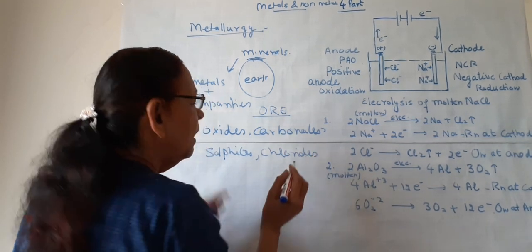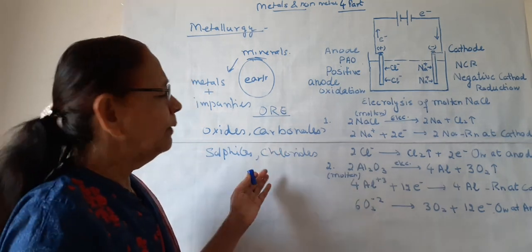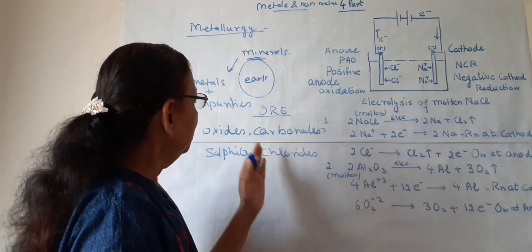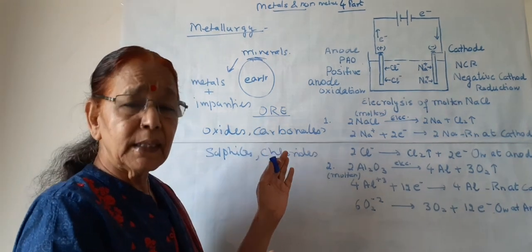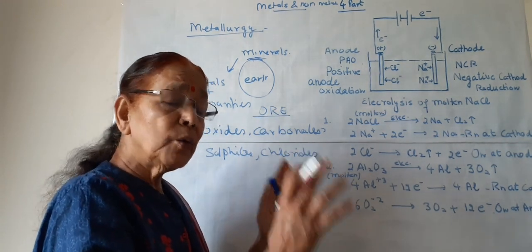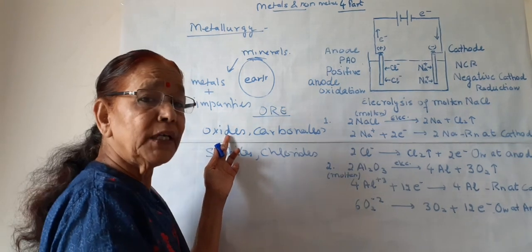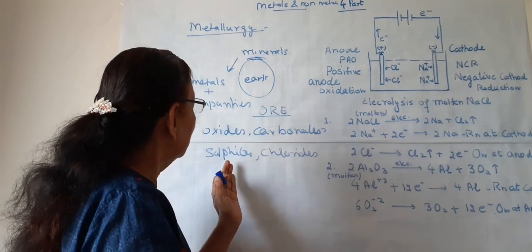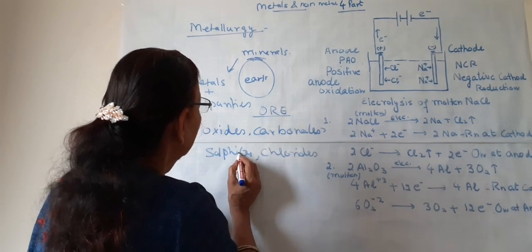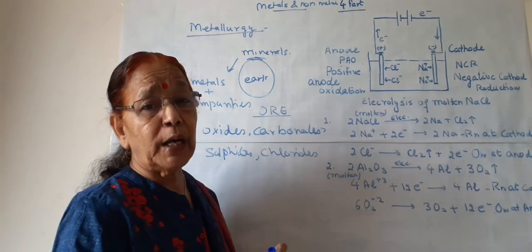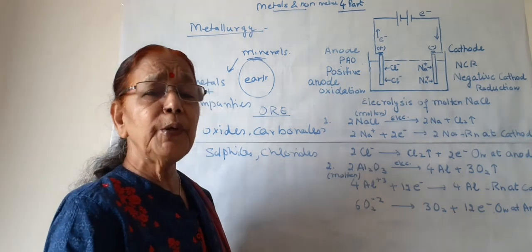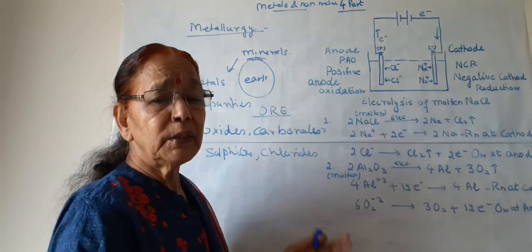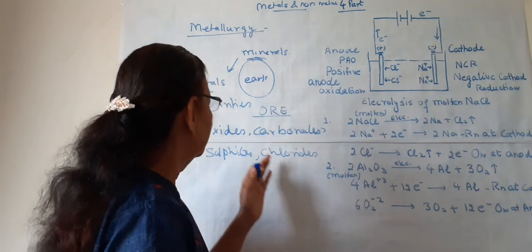Although some more may be there, these are the important ones. Metals can be present in minerals or in ores in the form of their oxides, carbonates, sulfides and chlorides. Chloride, as I have just told you: sodium chloride, magnesium chloride, calcium chloride. So these are in the form of chlorides.